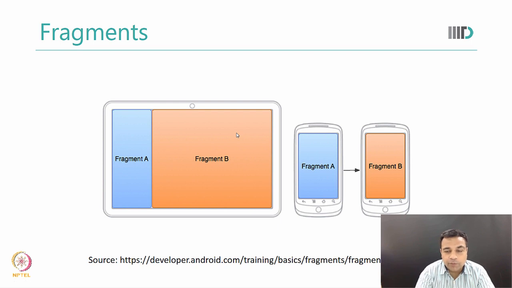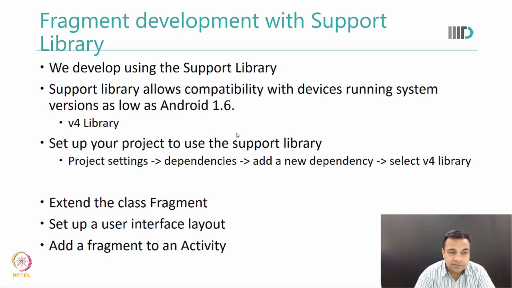Now there are a few more important things with fragments. The most important thing is that we develop fragments using a support library provided by Android. Android provides two implementations of fragments, one in the support library and one in the Android OS. And contrary to our intuition, we use the version provided in the support library.